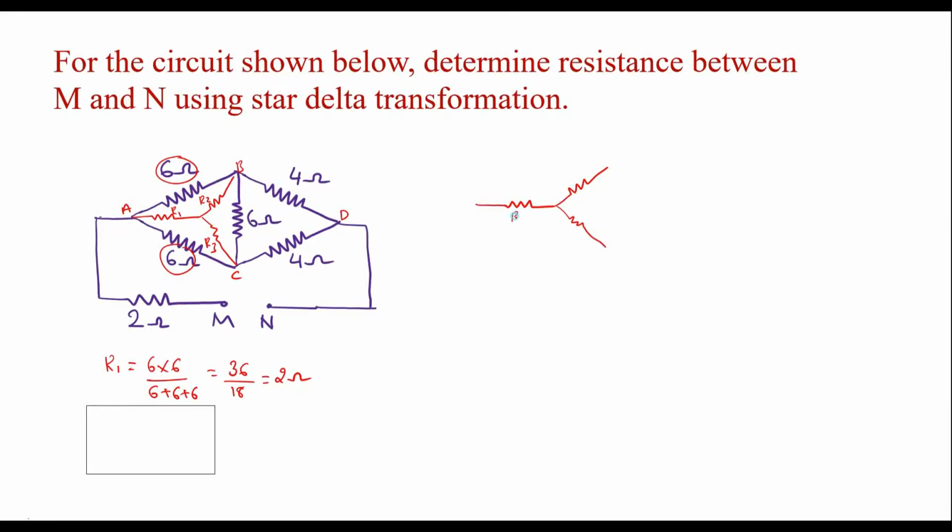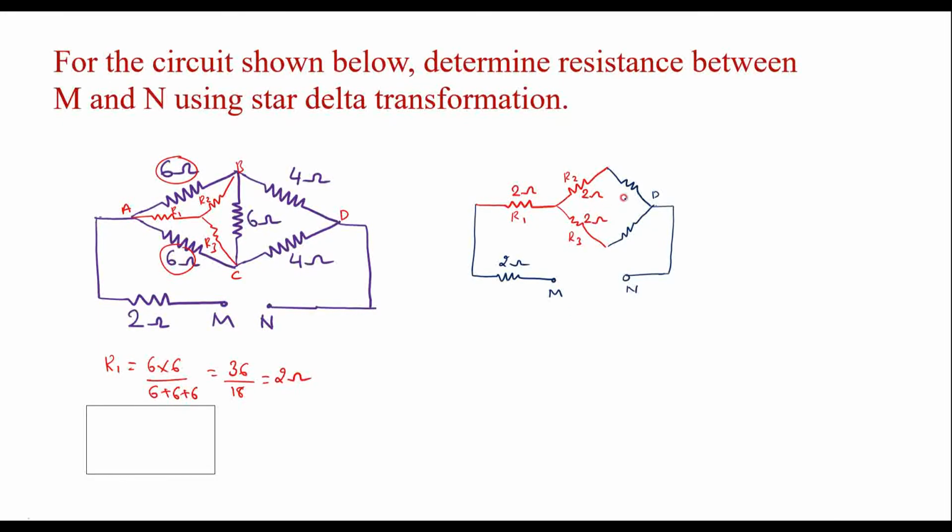So this is R1, this is R2, this is R3, that is, its value is 2 ohm, 2 ohm, 2 ohm. So here we have a 4 ohm resistor. This is node D and it is connected to terminal N, and it is connected to terminal, here we have a 2 ohm resistor, this is 2 ohm, this is the M terminal.